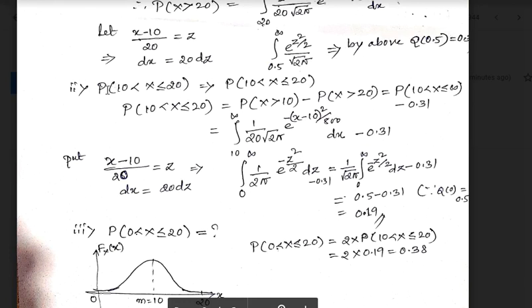And similarly, P of x in between 10 and 20 is found by considering P of x greater than 10 minus P of x greater than 20.